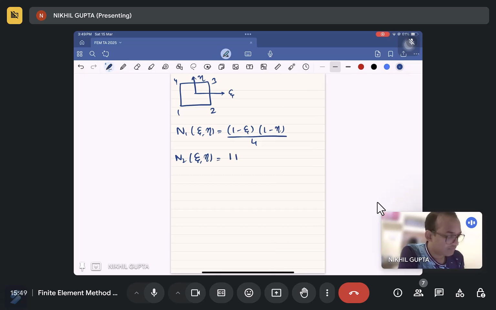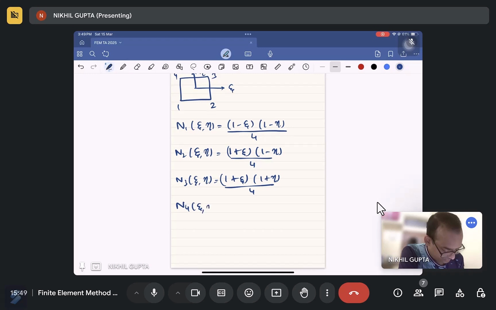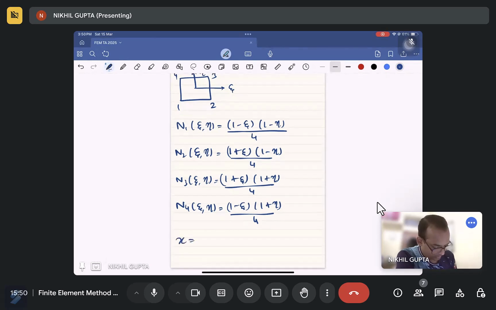So N2 is 1 plus xi, 1 minus eta divided by 4, and N3 is 1 plus xi, 1 plus eta divided by 4, and N4 is 1 minus xi, 1 plus eta divided by 4. Okay, so how do you do an isoparametric formulation? You write like this.